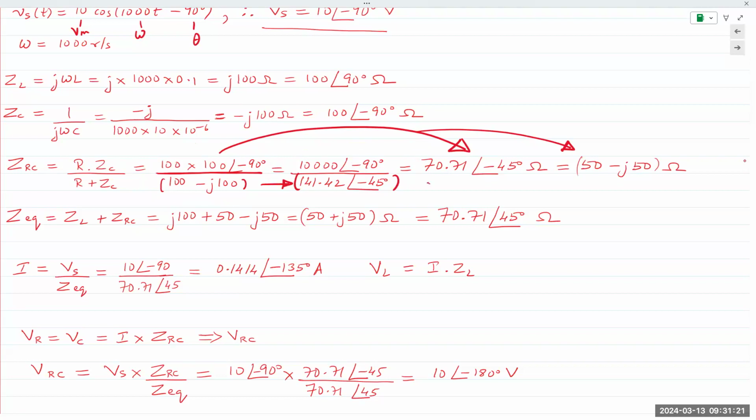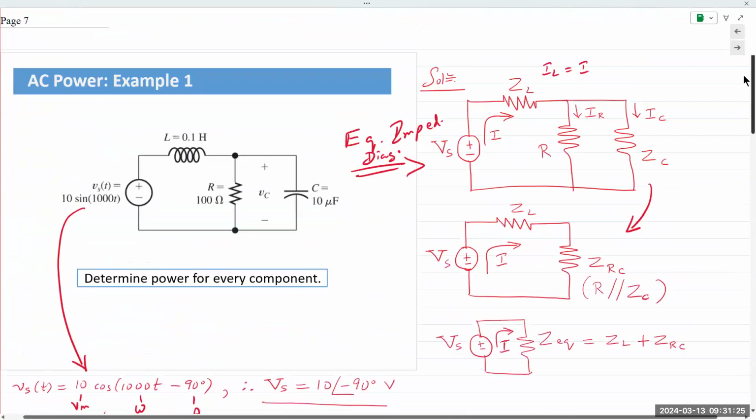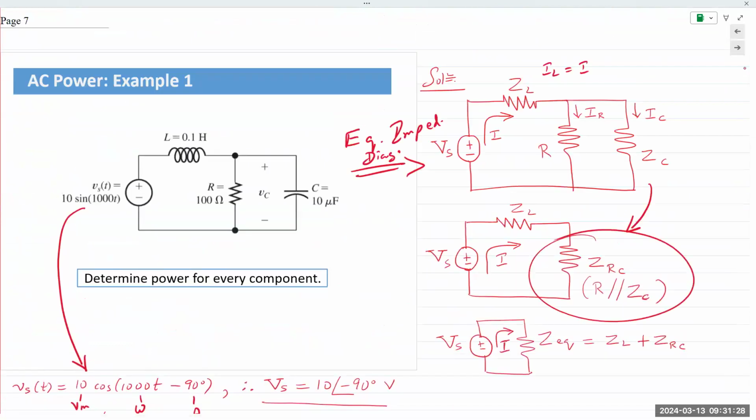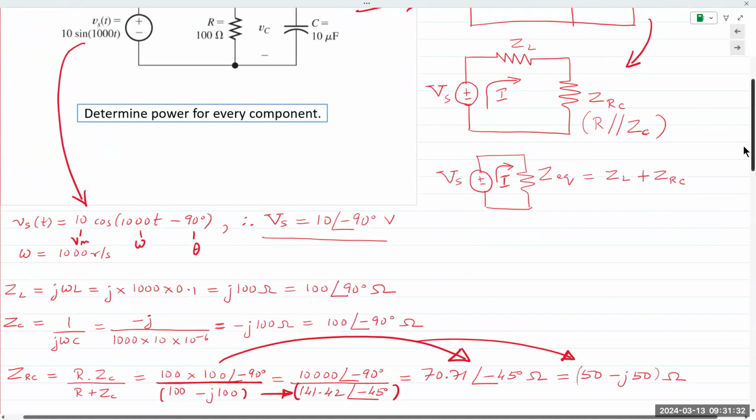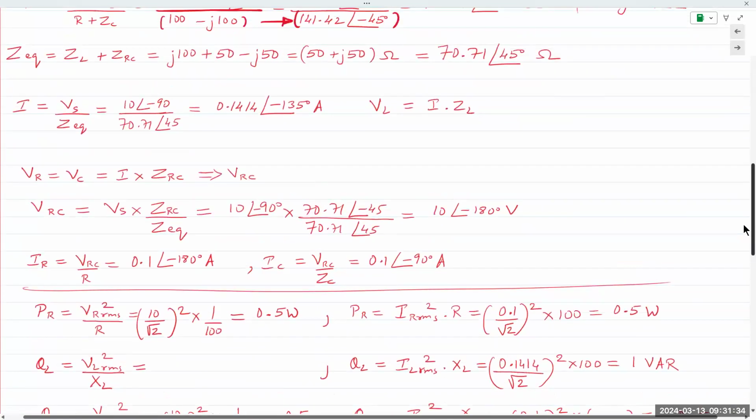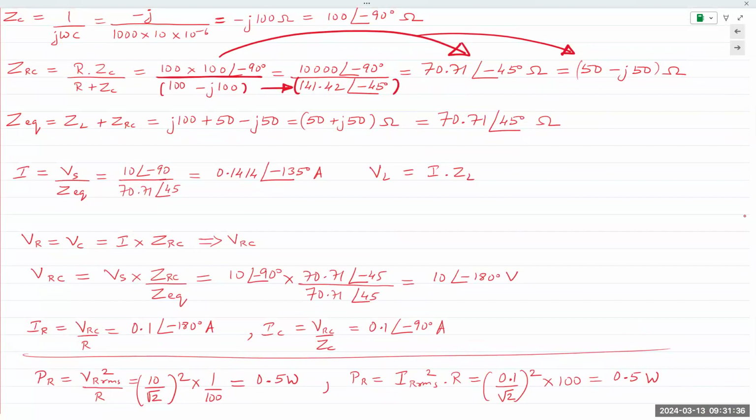So then we obtain ZRC. That takes us to this step. The final step to find ZEQ is adding ZRC and ZL. Similar to chapter 2, we reduce the entire circuit down to one single impedance.